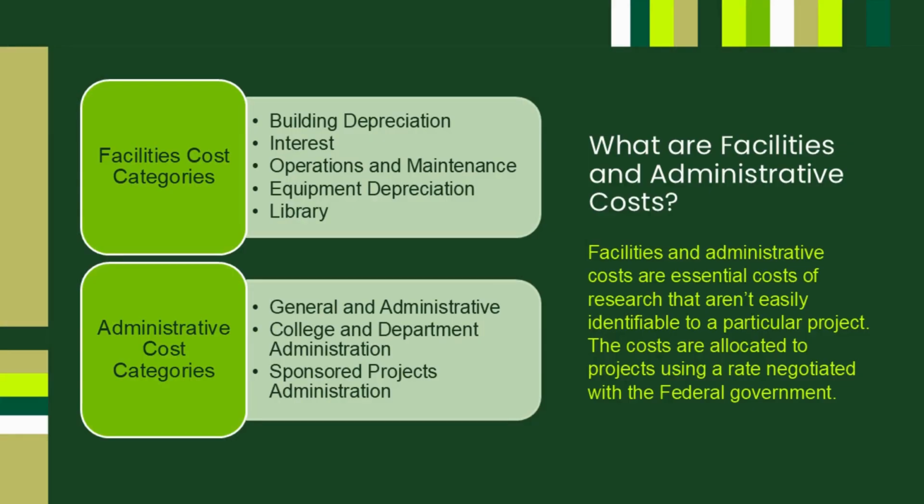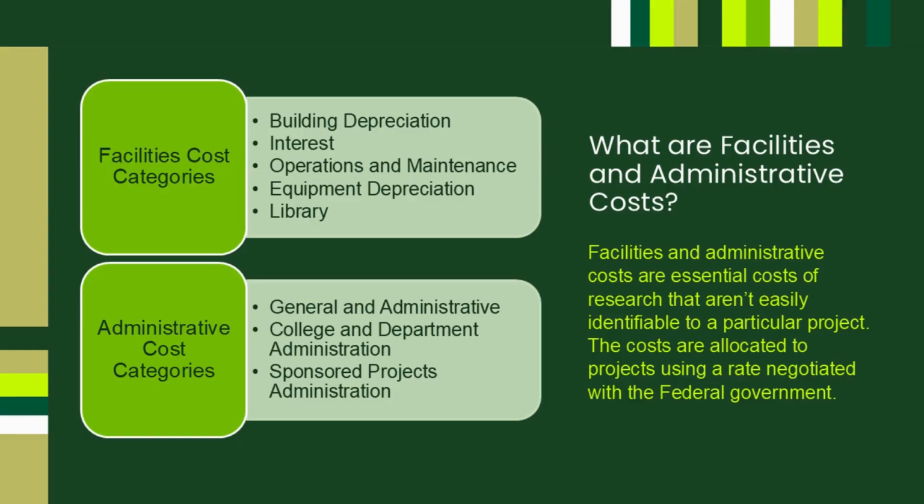So what kinds of things are the pools or the cost categories that go into the facilities and the administrative costs? On the facilities side, these are the big pools of costs that are identified in 2 CFR 200: building depreciation, the interest that the university incurs in borrowing costs to build research facilities, operations and maintenance.